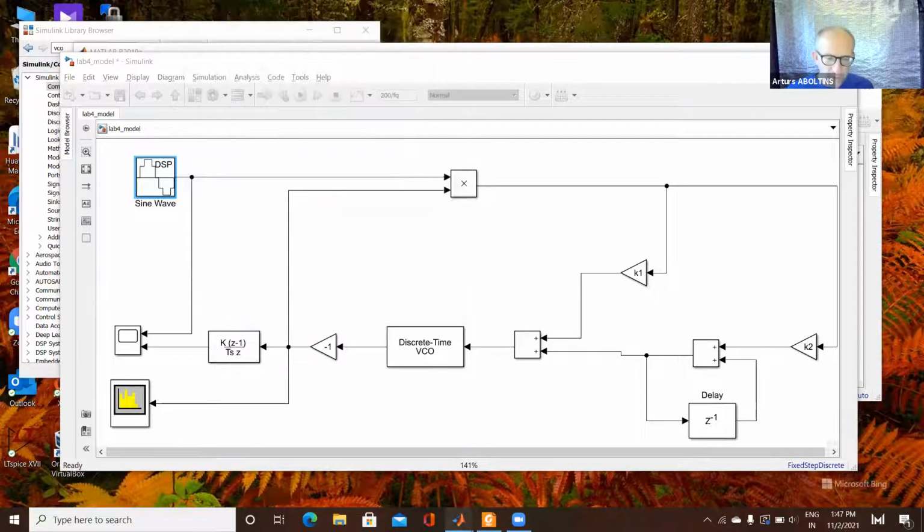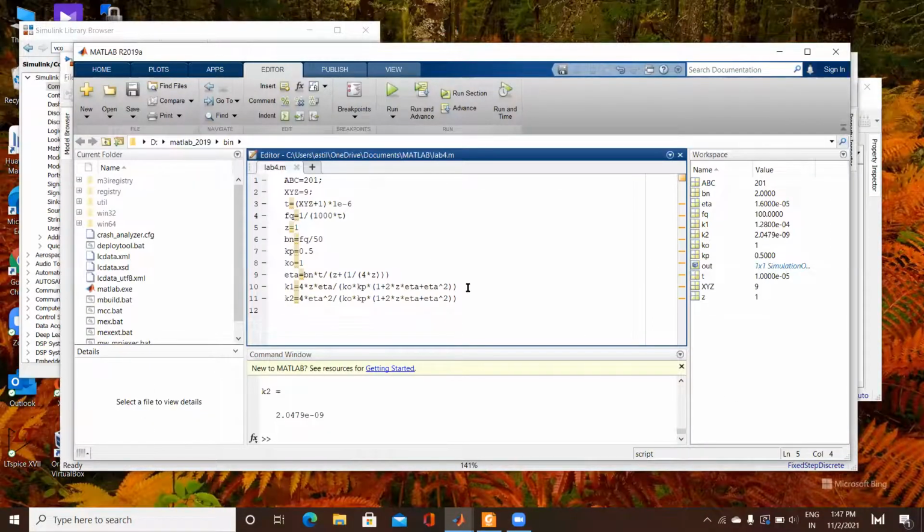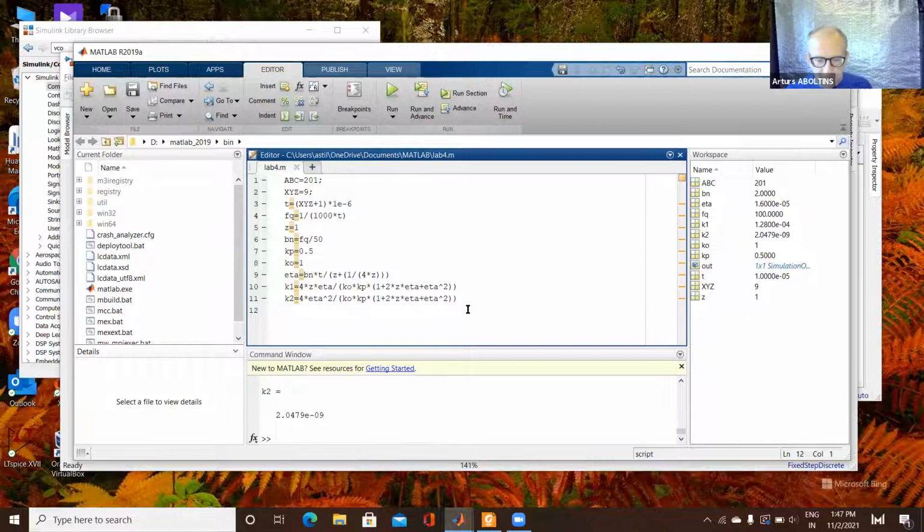Okay, let's do your variant and we'll check. I have used this formula to find K1 and K2. So, okay, just a moment. I will look at my notes.